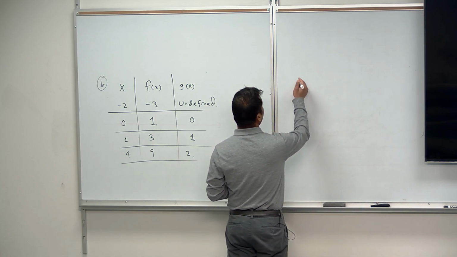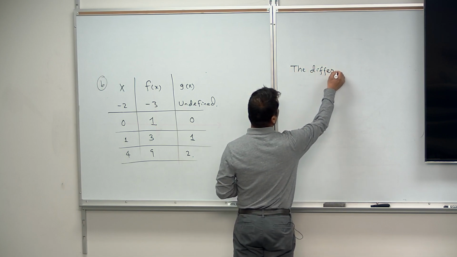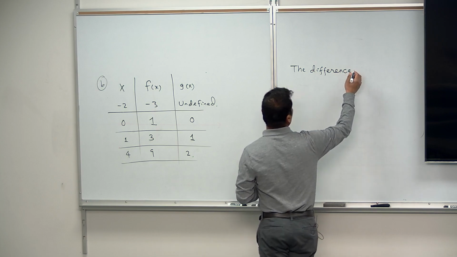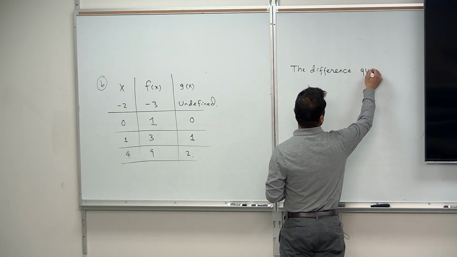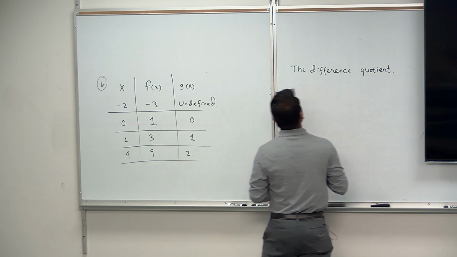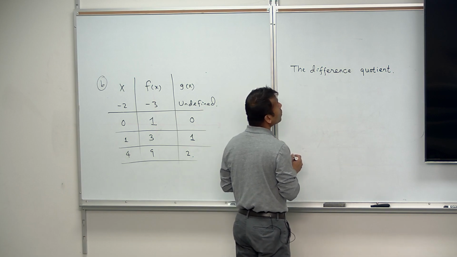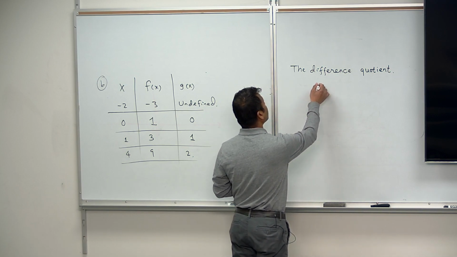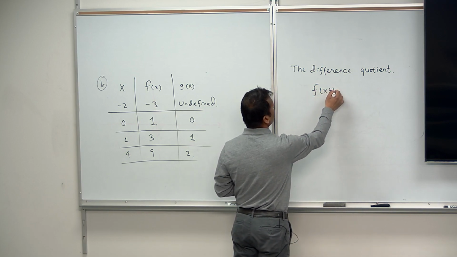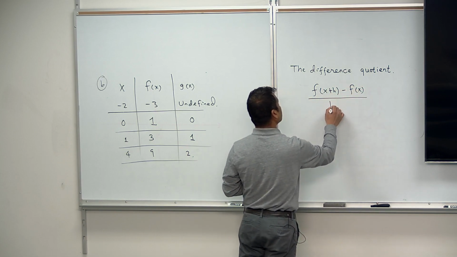The difference quotient is defined as this: f of x plus h minus f of x, over h.